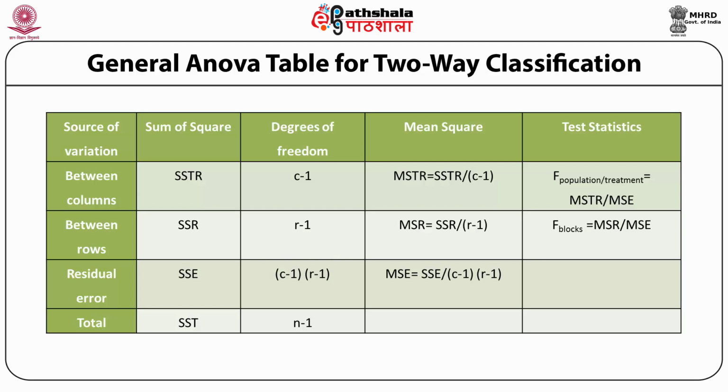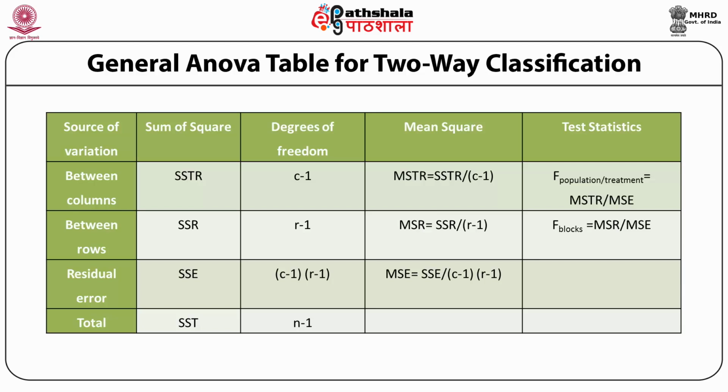If you see the mean square, then MSTR is equal to SSTR upon C minus 1, and MSR is equal to SSR, that is sum of squares between rows, upon R minus 1. And the residual error MSE is equal to SSE upon C minus 1 into R minus 1, dividing by the degrees of freedom.